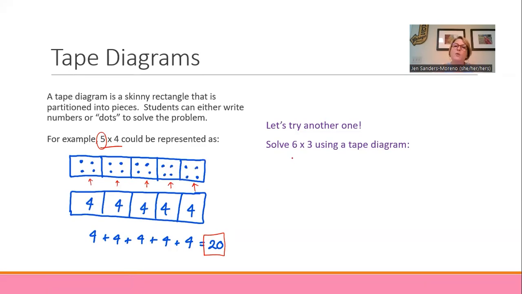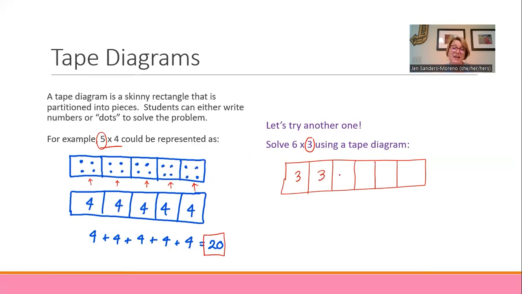Okay, so 6 times 3, we would have 6 boxes. We'll just pretend that's a beautiful rectangle. I know it's not. You know it's not. Just go with it. Okay, so we need 6. All right, and then we want to put 3 in each of these. So again, we could have students count them off with dots. We could have them just write the number 3. I mean, this is 3rd grade. We're talking about 8, 9-year-olds.